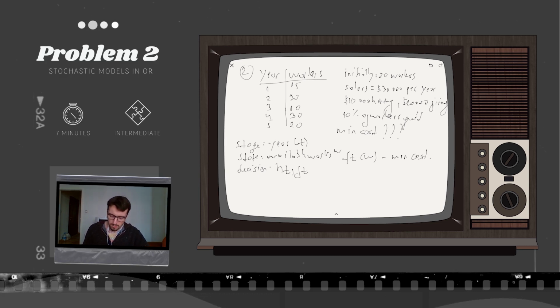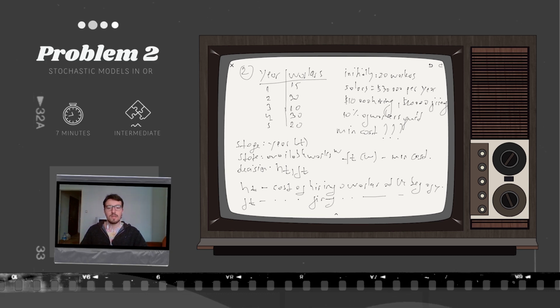What are our variables? HD is the cost of hiring a worker at the beginning of the year, T. Then we can have another variable, which is the cost of firing a worker in the beginning of the year, and so on.